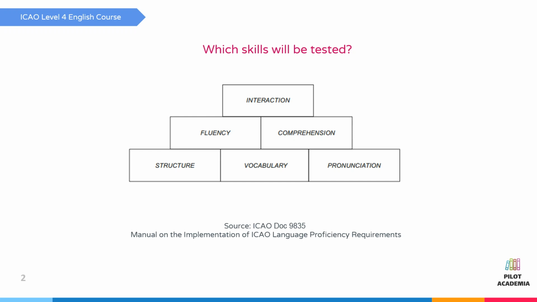In this representation, the 3 linguistic subskills, structure, vocabulary, and pronunciation at the base of the pyramid, are used by the speakers and hearers and provide the foundation for the performance skills of speaking, which means fluency, and listening, which is comprehension.